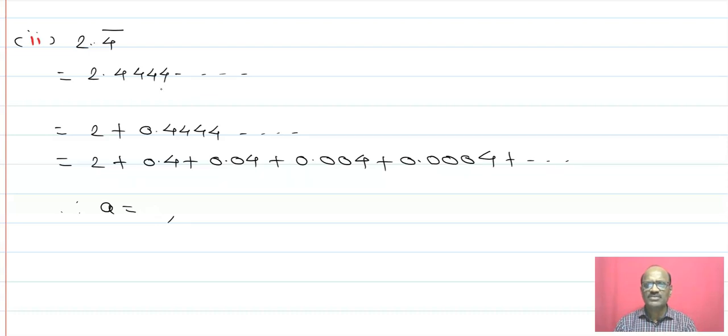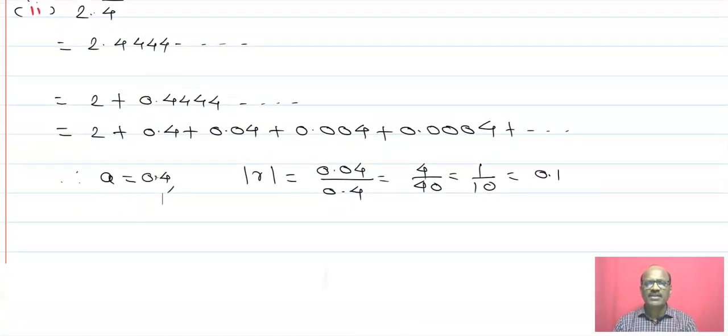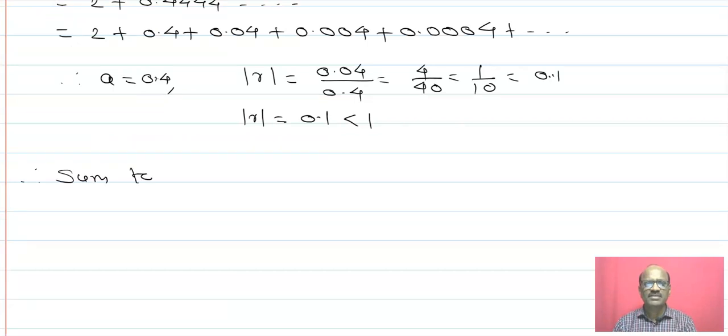Here a is equal to 0.4. What about the r? The r will be again 0.04 upon 0.4. That is, it is again 1 upon 10, which means 0.1. The value of r is 0.1, which is less than 1, and the sum to infinite terms exists and is finite.